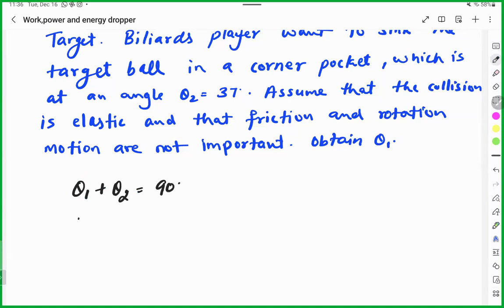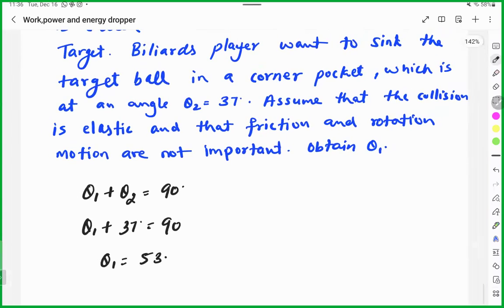If theta 2 value is 37, then theta 1 value will be 53. Done. Correct. Any doubt, guys?